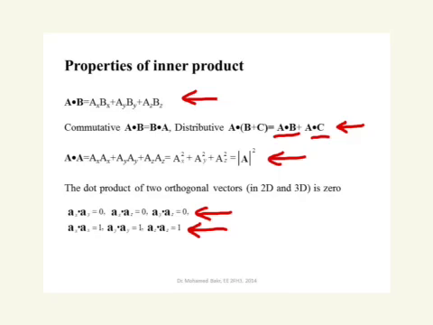So you have to keep in mind that coordinate directions are normal to each other. The dot product between the unit vectors in the direction of these coordinates will give you 0, and if you take the dot product between a unit vector and itself, it will give you 1, because by definition the inner product is the modulus squared.